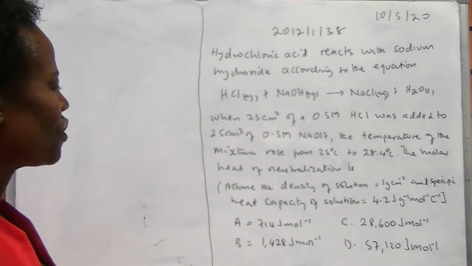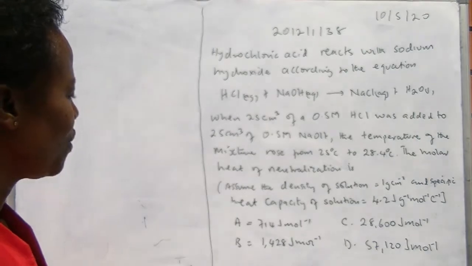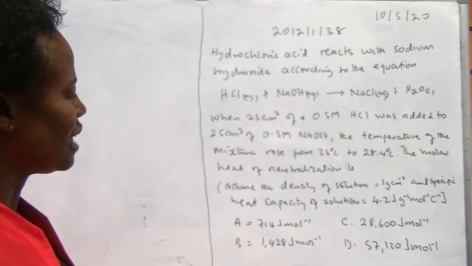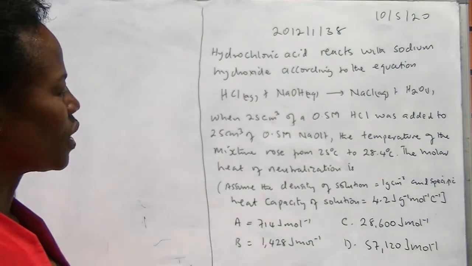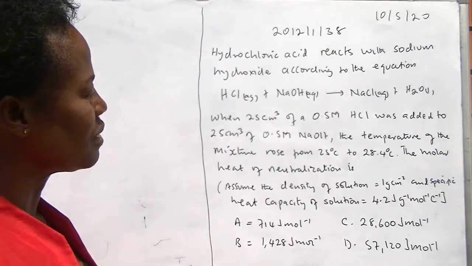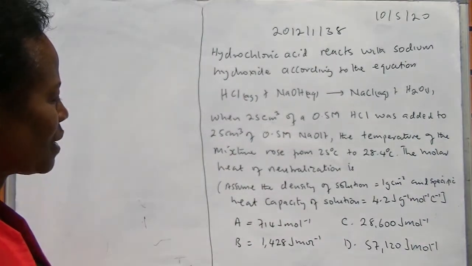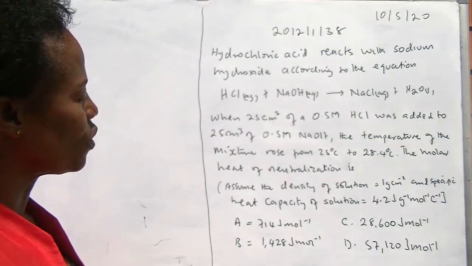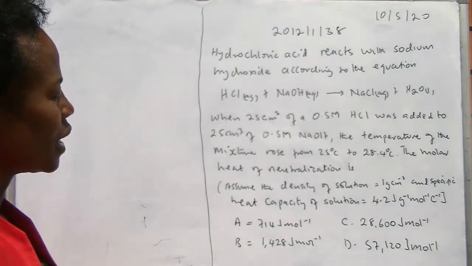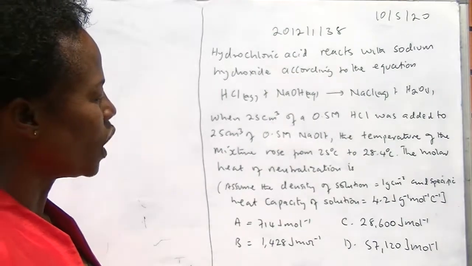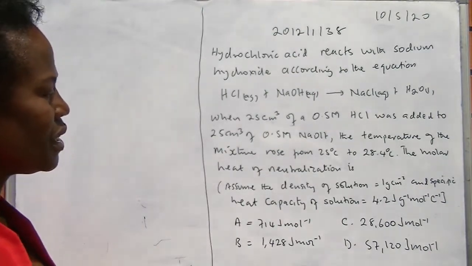The molar heat of neutralization is, we are told that assuming the density of the solution is equal to 1 gram per cubic centimeter and the specific heat capacity of the solution is equal to 4.2 joule per gram per degree Celsius.